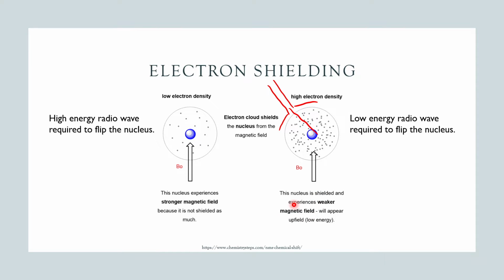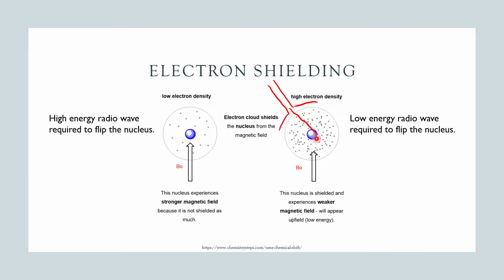And so if some nuclei are going to be experiencing strong magnetic fields and some are going to be experiencing weak magnetic fields, these flips that we observe are going to require different amounts of radio wave energy. So for example, if we have a nucleus that experiences a strong magnetic field because there's not a lot of shielding happening, you're going to need a high energy radio wave to flip the influence of the magnetic field.